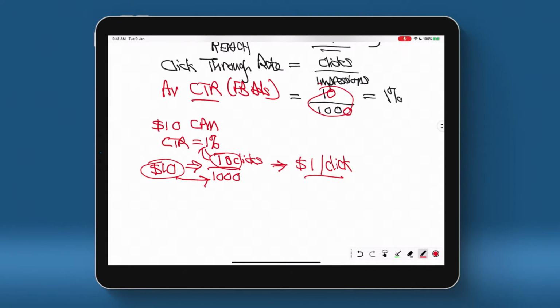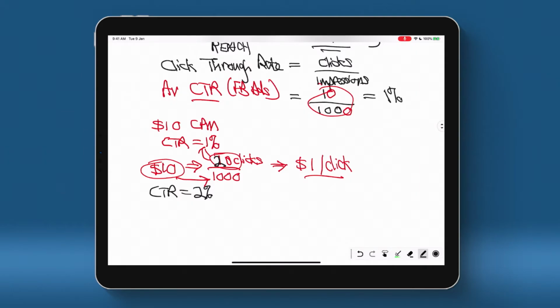Now, let's look at the question. The question is a doubling of the CTR. So, if we double the CTR to 2%, now what do we need to change on top? We need to change 10 to 20 because it's 2%. 2% is 20 divided by 1,000.